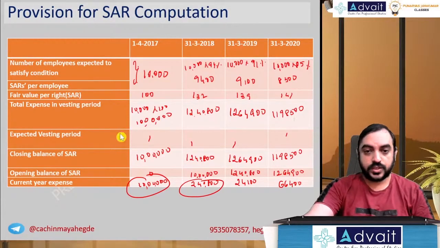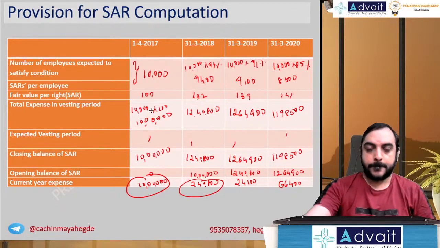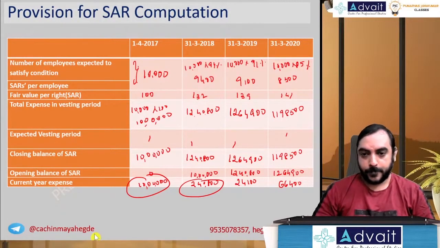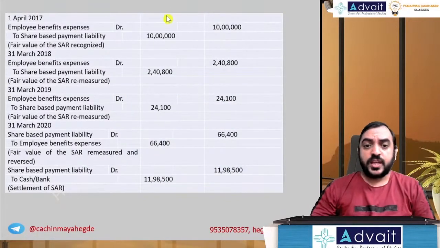Let's go through the journal entries quickly. Employee benefit expense to share-based payment liability.